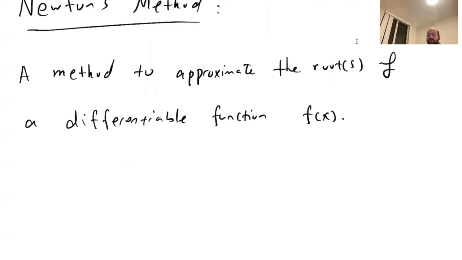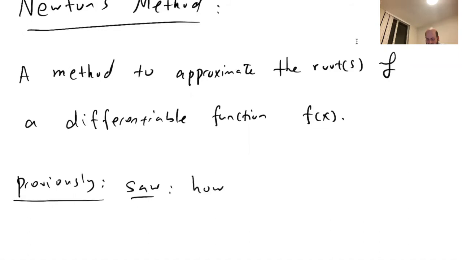Previously, we saw one method of how to approximate the root of a function, which was using the intermediate value theorem. Previously, we saw how to estimate a root of a continuous function.